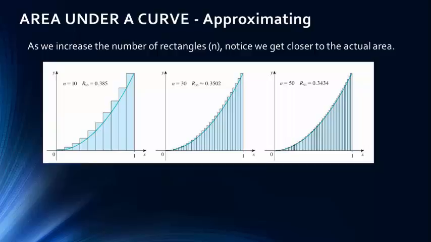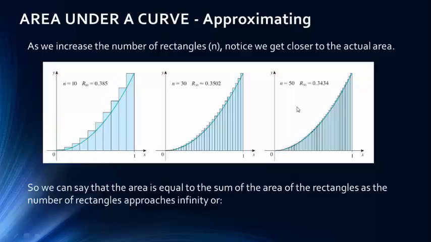In the first picture on the left, we've used 10 rectangles. It's an overestimate. When we move this number to 30, it's still an overestimate, but it's a much smaller overestimate. We're getting closer and closer to the value. When we go to 50, notice the overestimate is even smaller, and so we can see that we're getting closer and closer to the actual value.